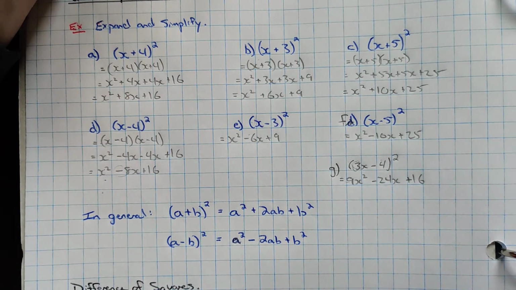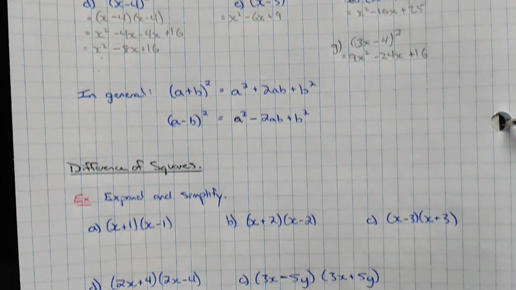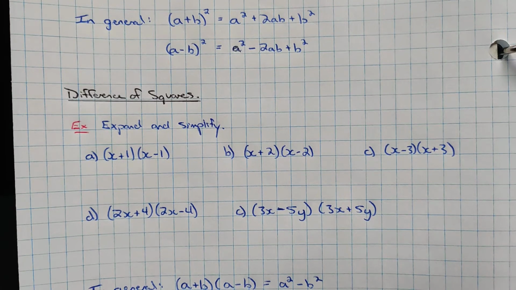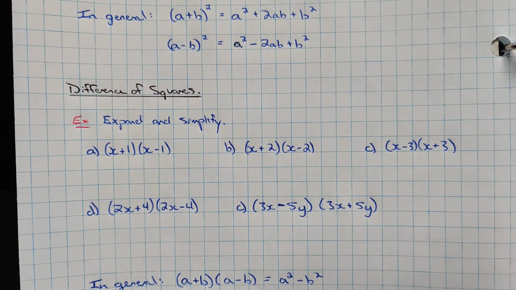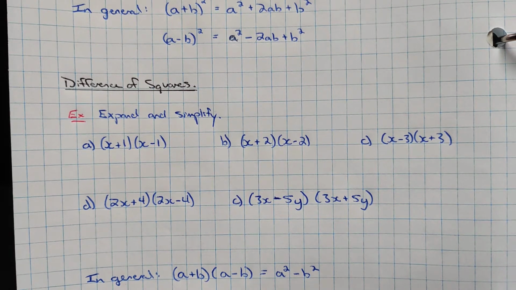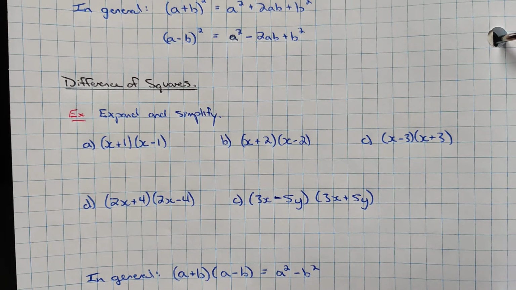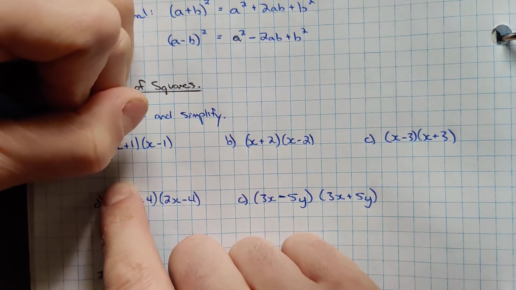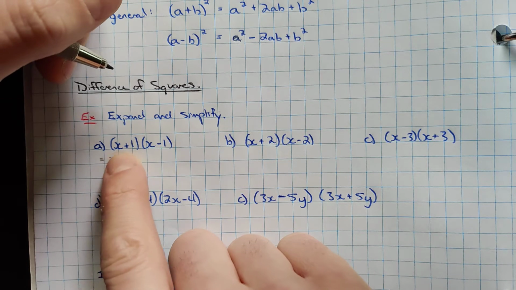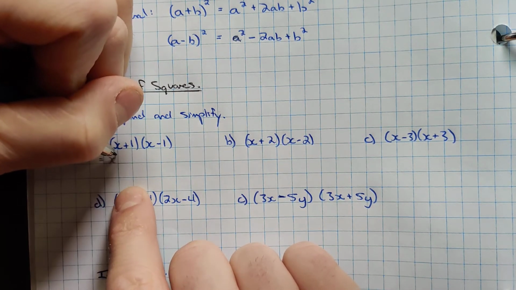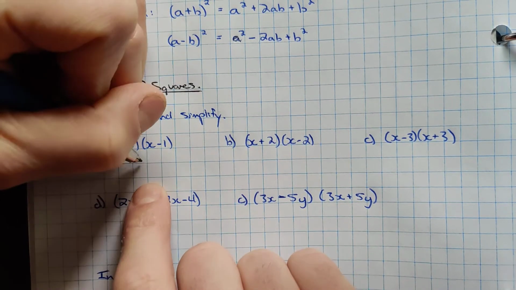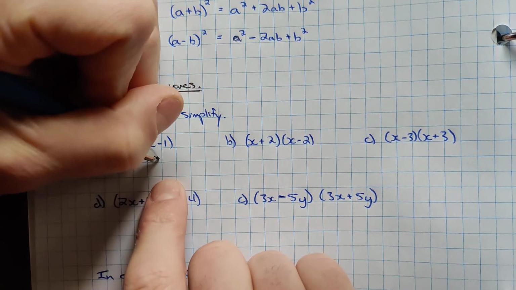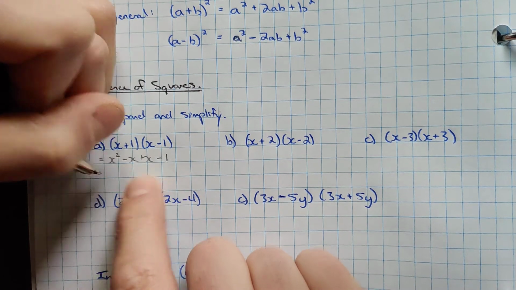Now the other situation that is pretty convenient to recognize and probably even more so used, you'll see this a little more often, I think, is the difference of squares. So difference of squares, let's start expanding a couple of these and see what happens. We got x plus 1, x minus 1. So this is x squared minus x plus x minus 1.